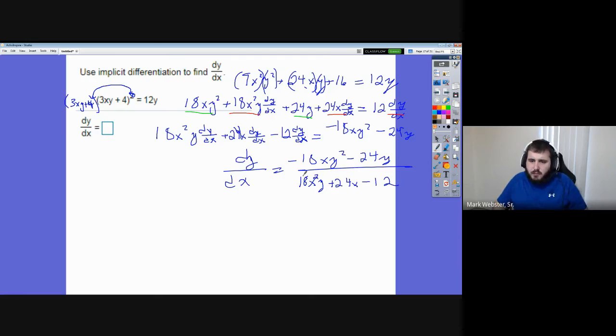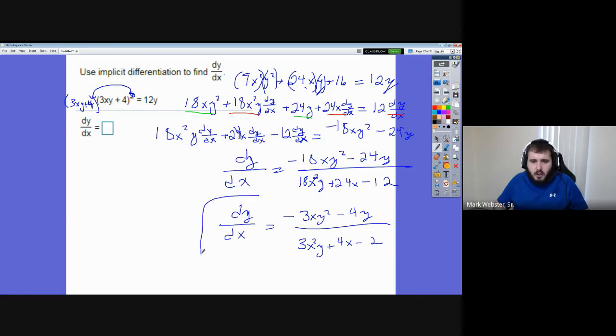And then once again, if you notice, there's for sure a factor of 6 that I could pull out and just divide everything by 6, just to make it nice and neat. Six, right? 4x minus 2. Yep.